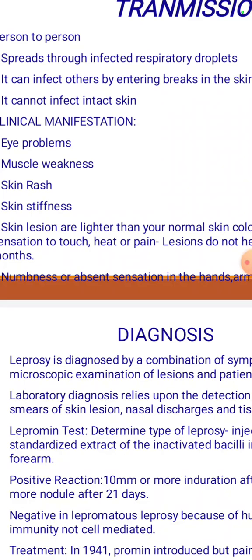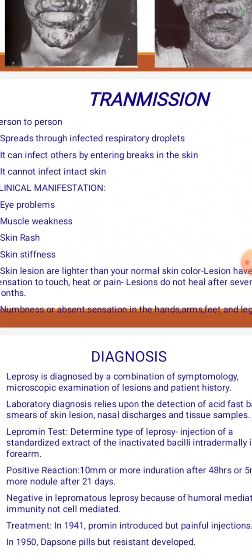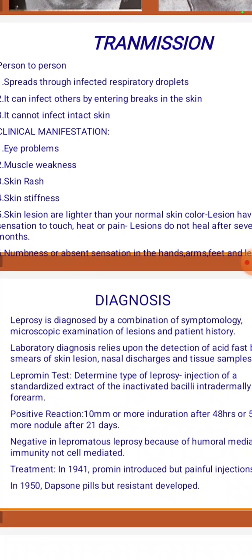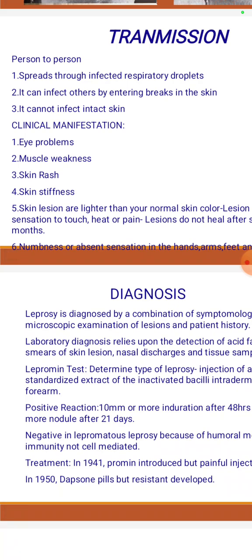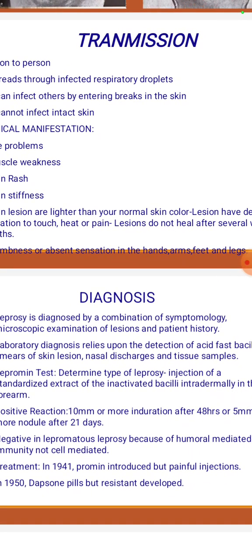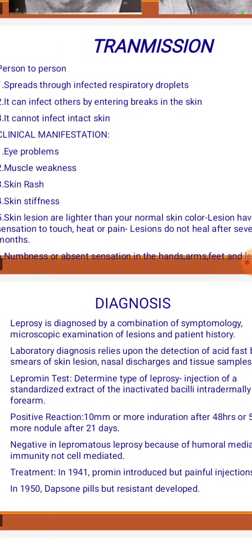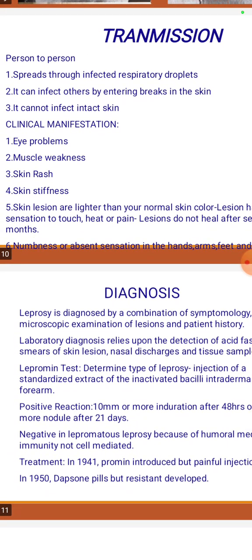Then, diagnosis of leprosy. Leprosy is diagnosed by a combination of symptomatology, microscopic examination of lesions and patient history. Laboratory diagnosis relies upon the detection of acid-fast bacilli in smears of skin lesions, nasal discharges and tissue samples. Lepromin is one of the important tests for identifying the leprosy bacilli.